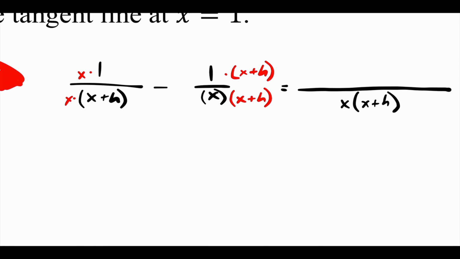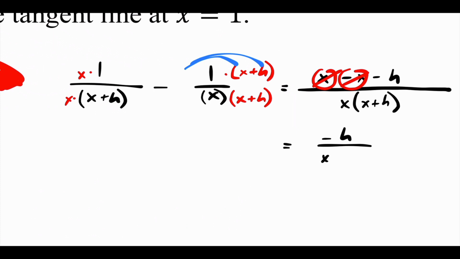So I get 1x, and then I've got to distribute -1 here and here, minus x minus h. The x's go away because they cancel out, so I'm left with -h over x plus h.